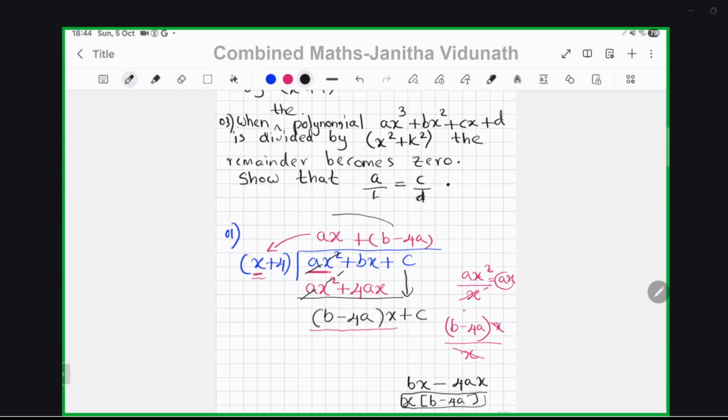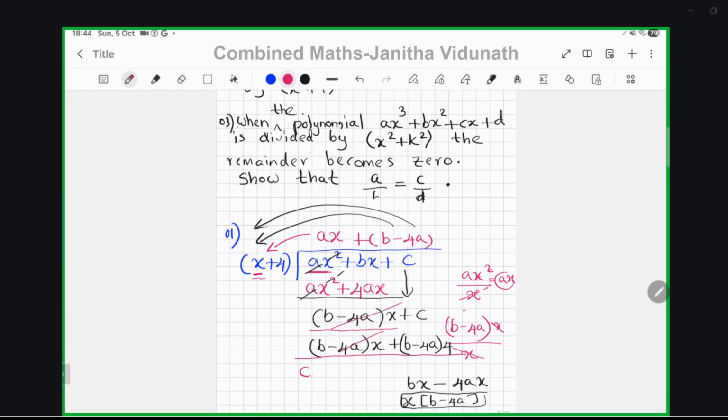Then we need to multiply it with the entire divisor. Then we will get (b − 4a) times x plus (b − 4a) times 4. Simply multiply this with all the terms inside the divisor. Then we need to subtract those two terms, and these will cancel out.